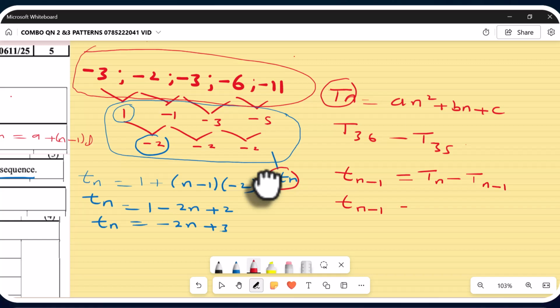It gives me negative 67. That's my answer here. So if I come back to the question, negative 67 is my answer. So this one equals negative 67. We are together.